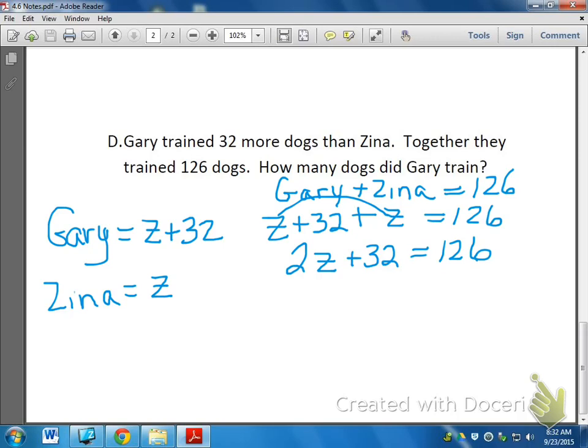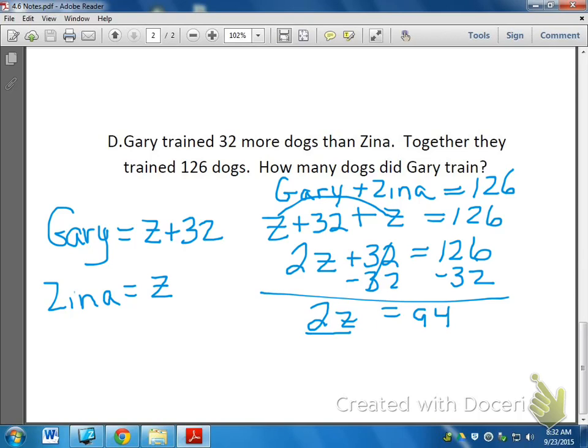And now we do our normal two steps. Subtract your 32. So 2Z equals 94. Last is divide by 2. And Zena trained 47. But the question is, how many did Gary train?